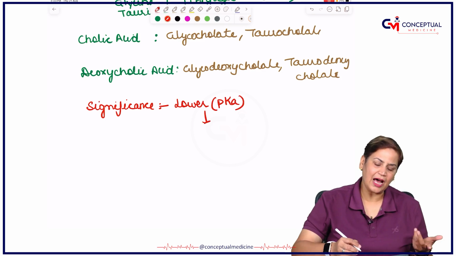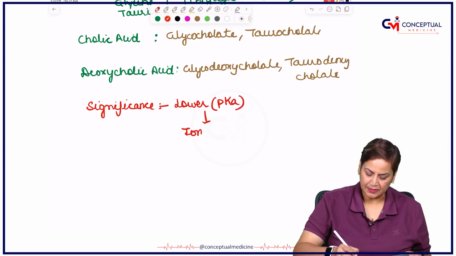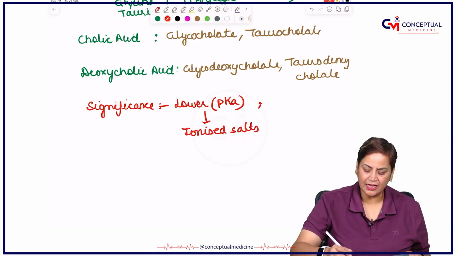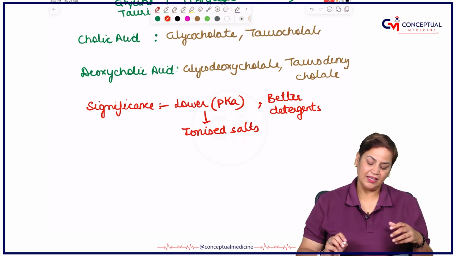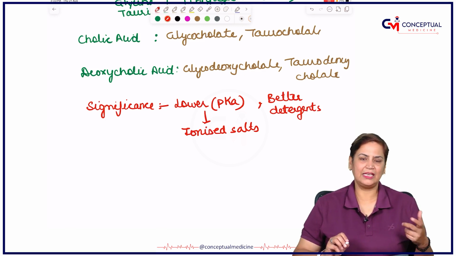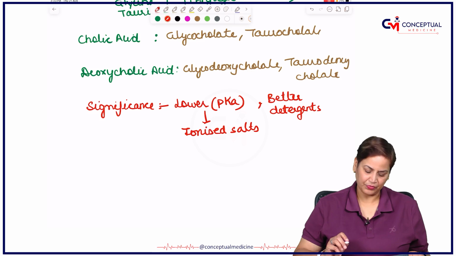So they are actually the ionized salts. And since they are ionized, they are better detergents. Better detergents, or you can say they will facilitate the digestion of the fats, meaning emulsification of the fats, right?